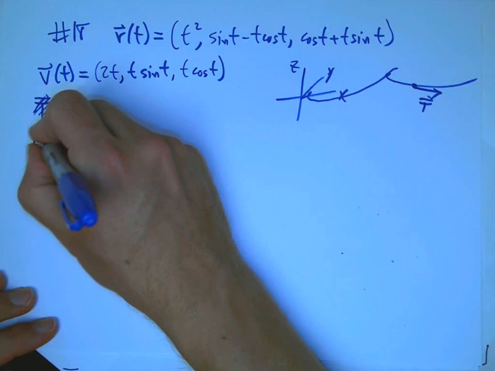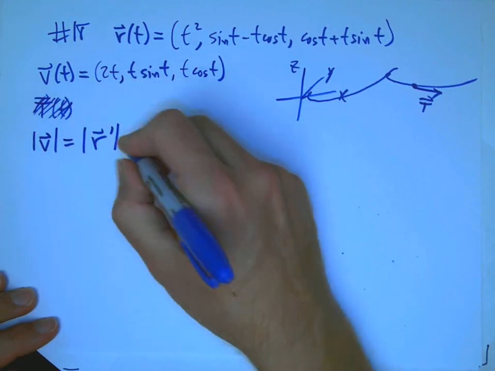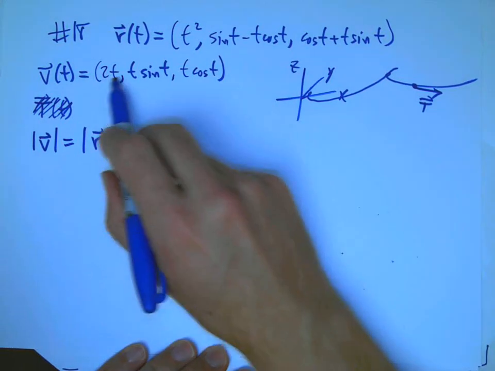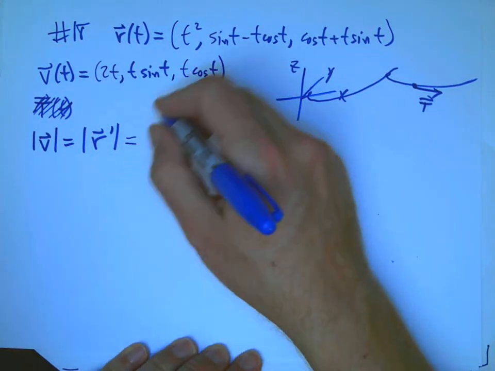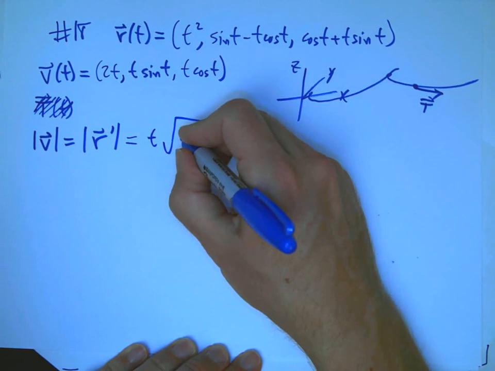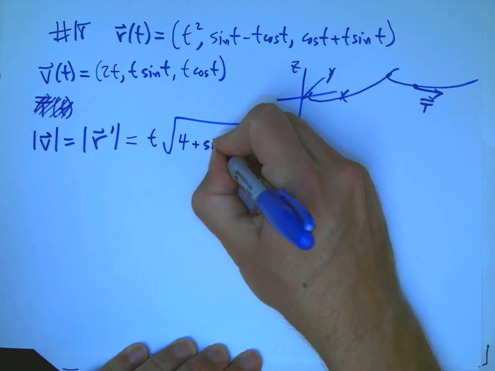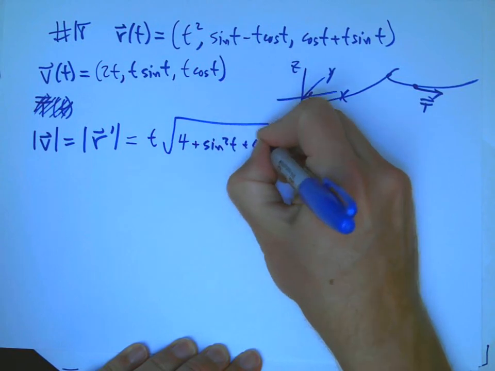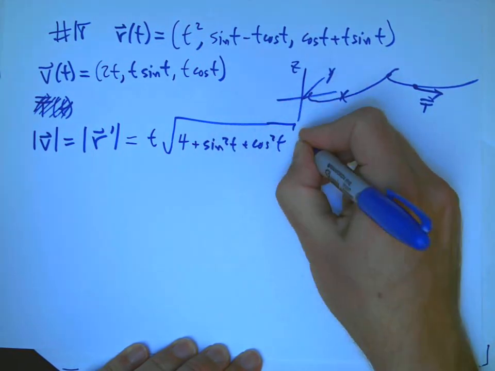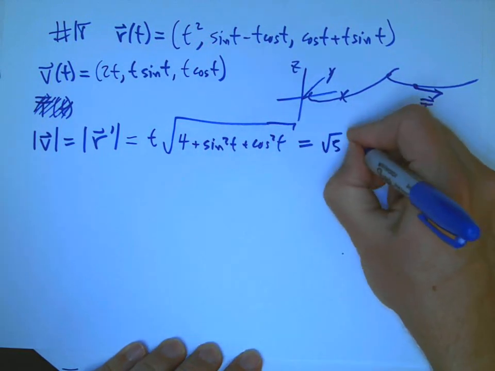Now it's got a common factor of t in it, and then it's going to be the square root of 2 squared plus sine squared, hey, this is looking good, plus cosine squared. And that's the heart of what's contrived about it. That's 1, so you get root 5 times t. That's a very simple speed profile. Even though it looked complicated, it was designed to have this simple speed profile.